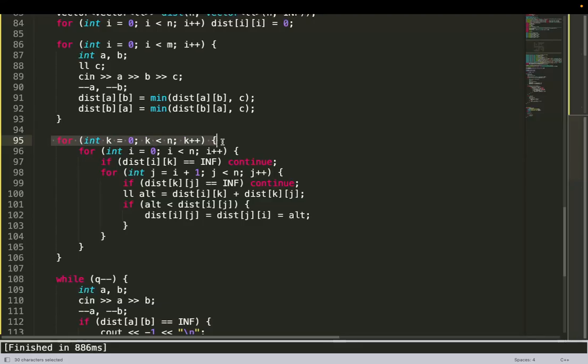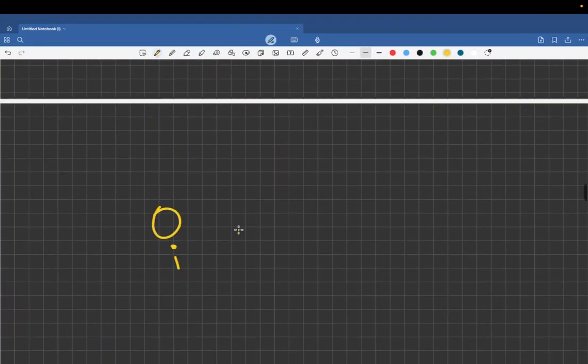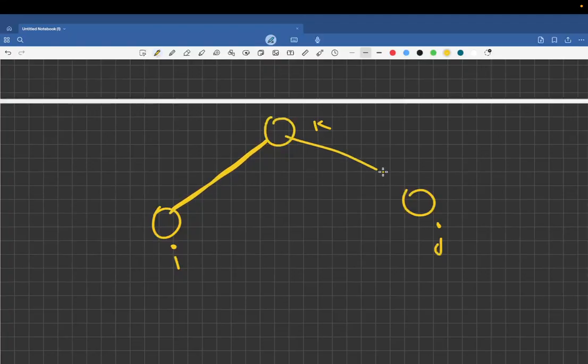Now I traverse over all the intermediate nodes, all the cities k from 0 to n, then i from 0, i less than n, i plus plus, j equals i plus 1, j less than n, j plus plus. If distance of i to k is infinite, then I simply continue. If I want to calculate the shortest distance from i to j with k as the intermediate node, then there must be some path from i to k and k to j, right?